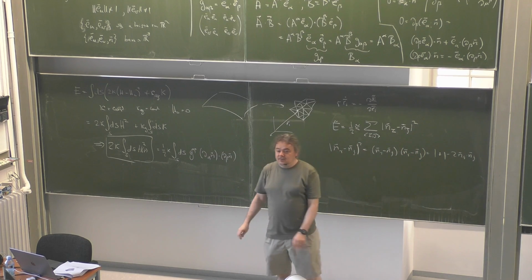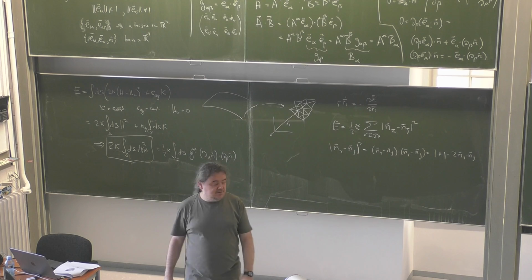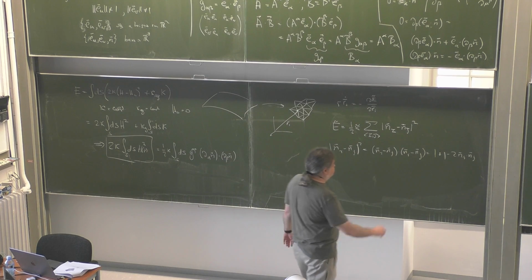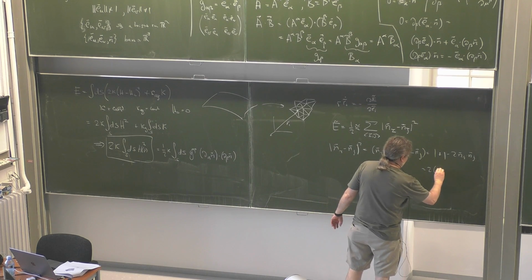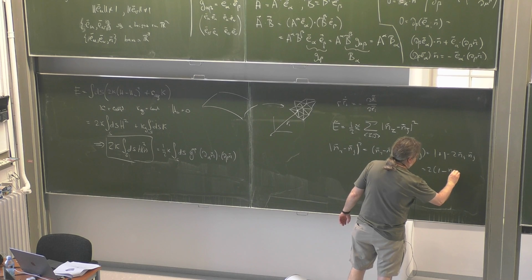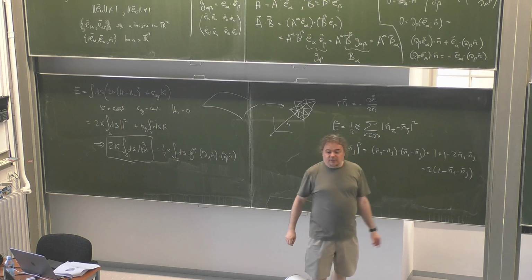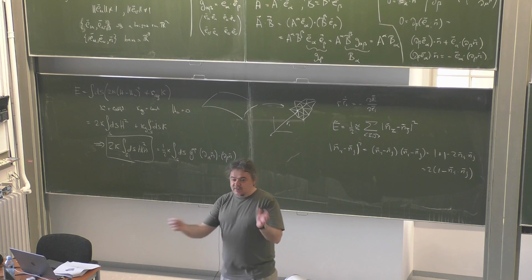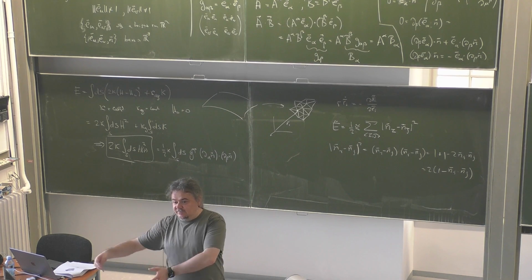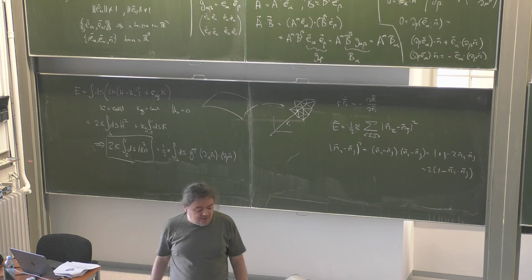So I'm going to have 2 times 1 minus Ni dot Nj. I really don't care about the 1. This is just an overall constant, because if I sum over all the triangles, I'm just going to have something which is proportional to the area, which I don't care about, right?